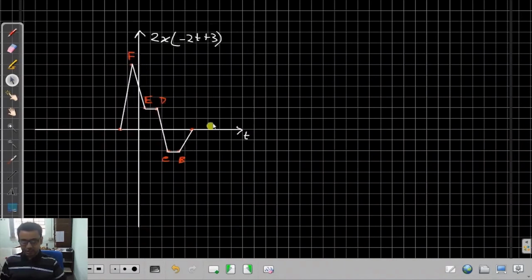This is the result of step 4, and we shall start step number 5, where we will multiply this signal with a minus sign, minus 2x of minus 2t plus 3.